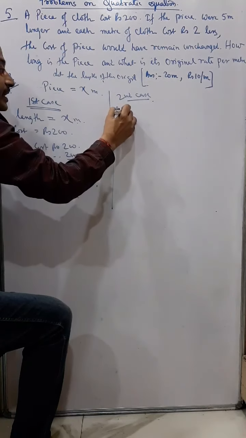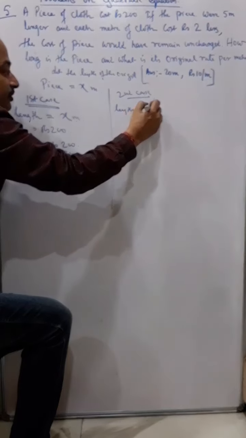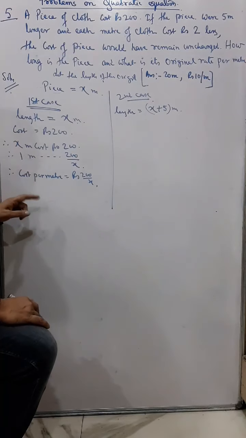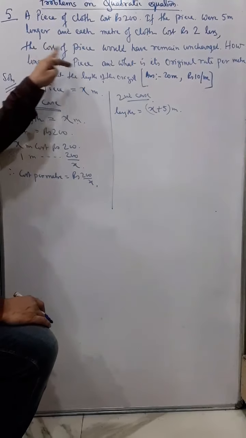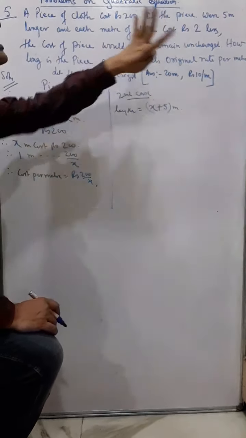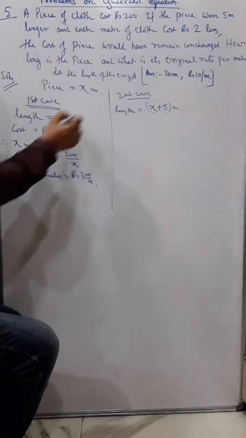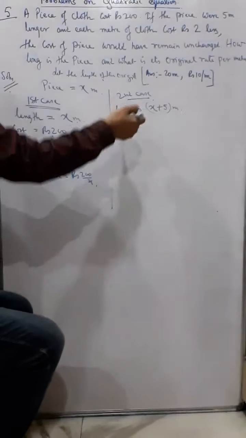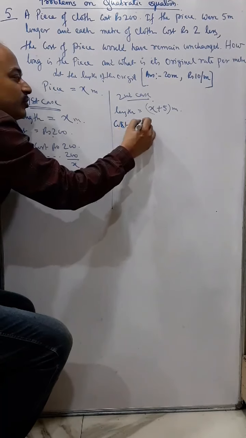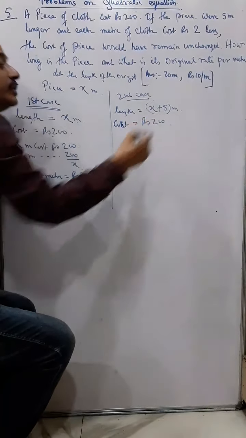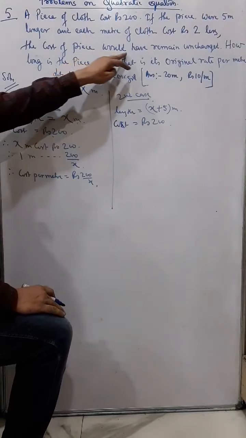So in the second case, the length of the cloth is 5 meters longer than before, and the cost is rupees 2 less per meter, then the cost of the piece would have remained unchanged. That means the cost of the piece will remain 200. So here also I can take the cost as rupees 200, because the cost would have remained unchanged.